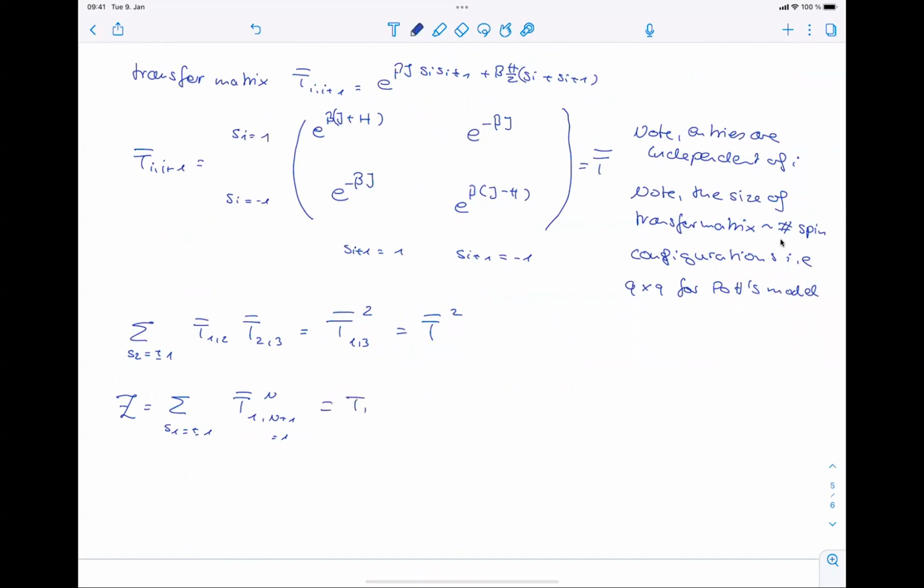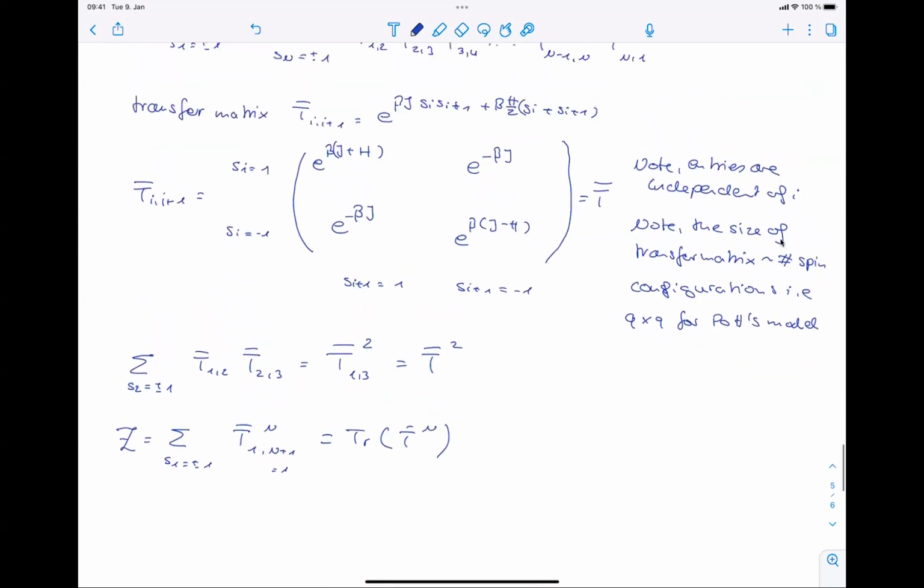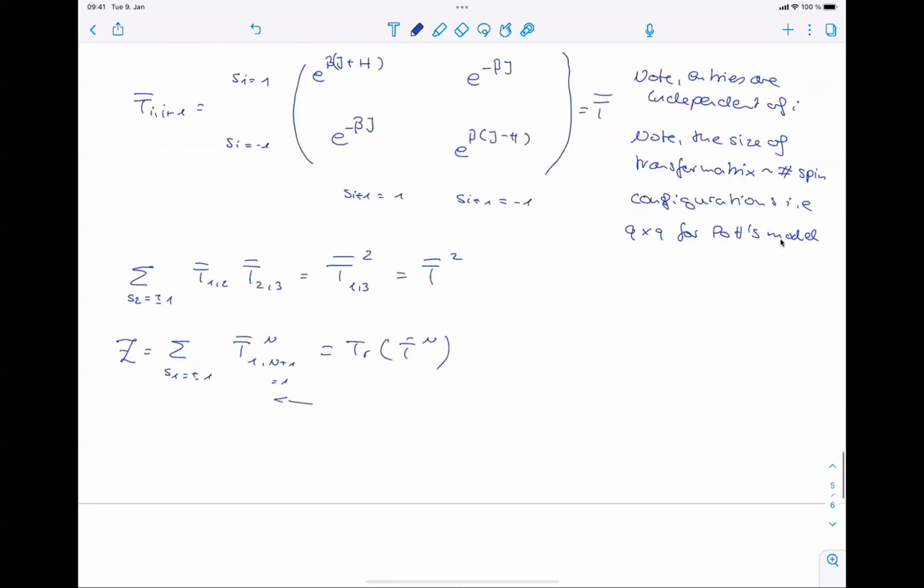So this is then taking the trace of T to the power of n, which, yeah, let me add. This was the sum over diagonal entries only.